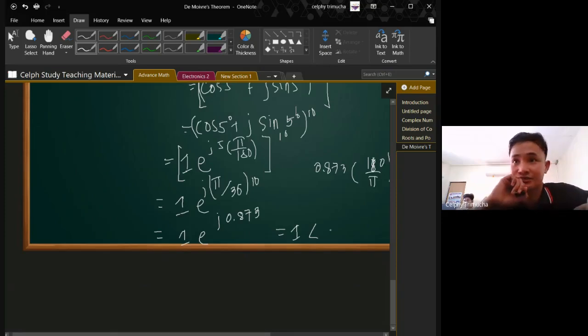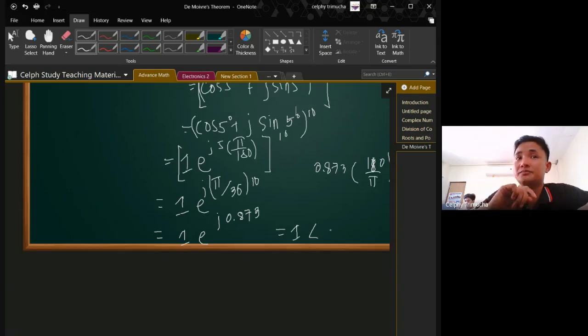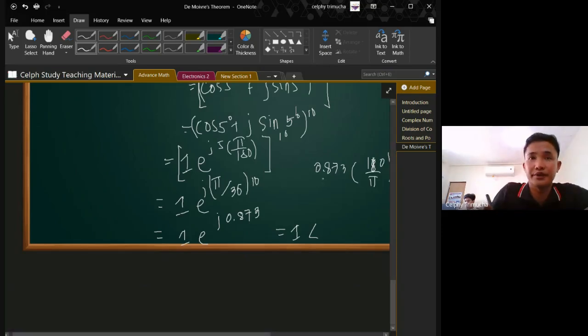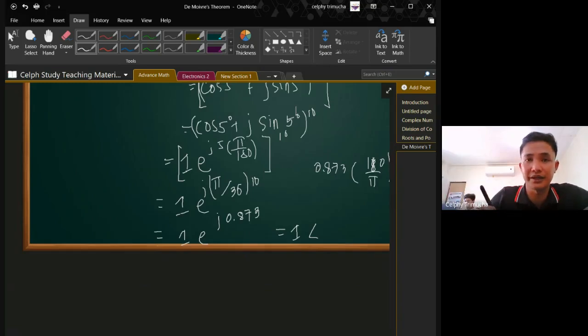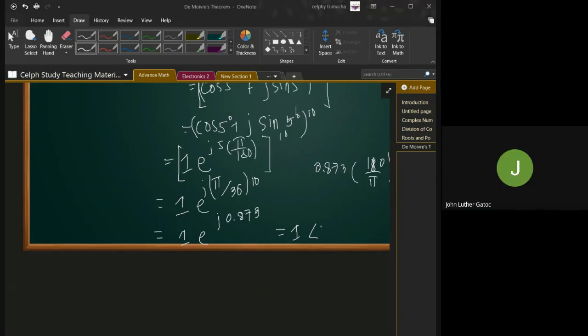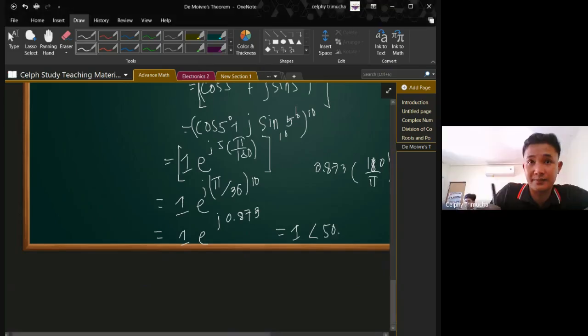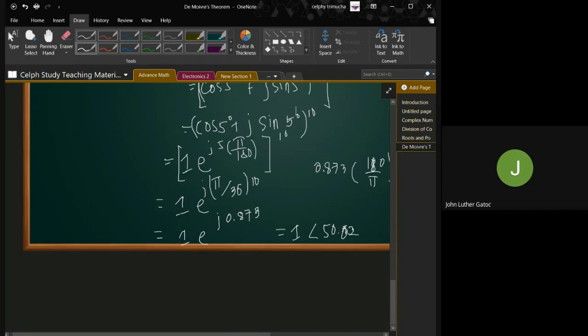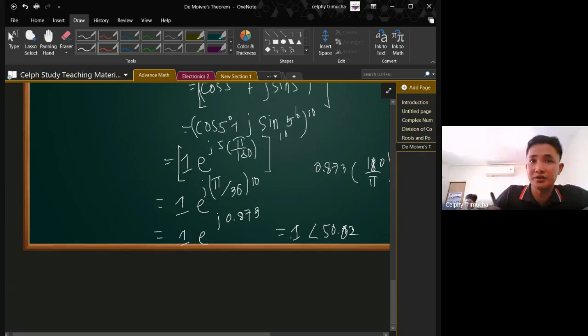So what is our angle? 0.873 times 180 over pi is about 50.02. So our final answer is 1 at angle 50.02.